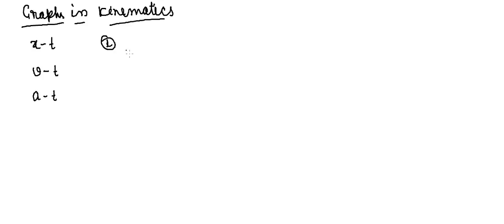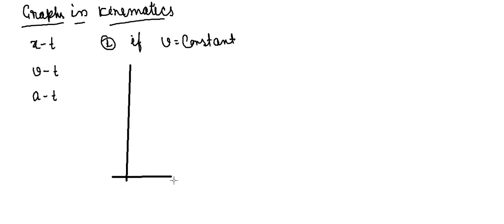So the first case: if velocity is constant, then the graph will look like a straight line graph.